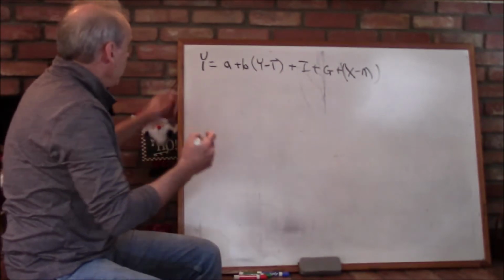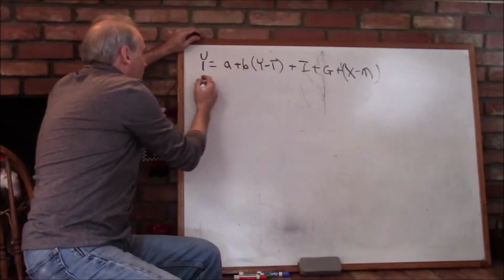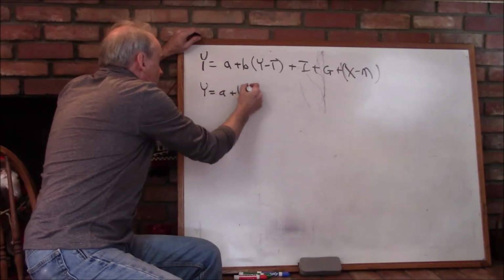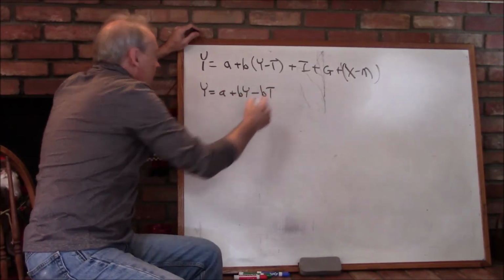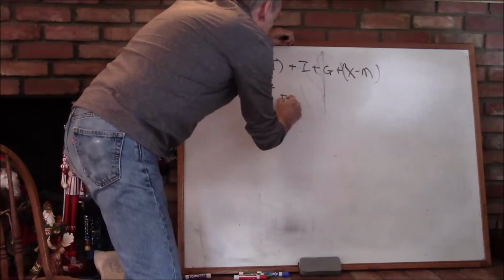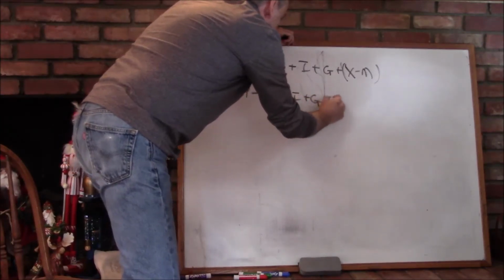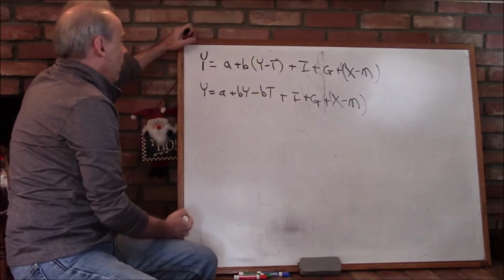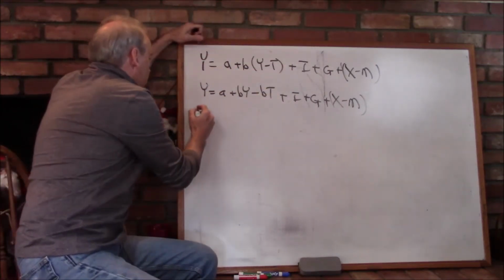First we multiply through this expression right here. Y is equal to a plus by minus bt plus I plus g plus x minus m. Get all the y's on the left-hand side.